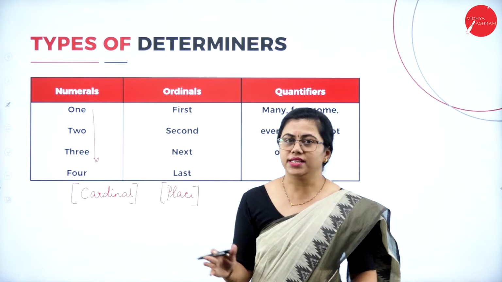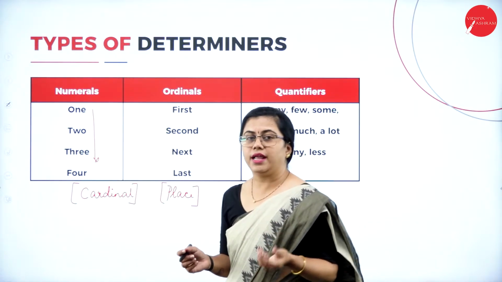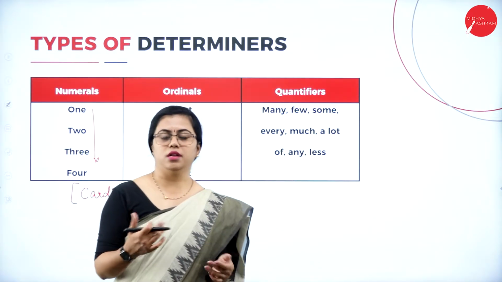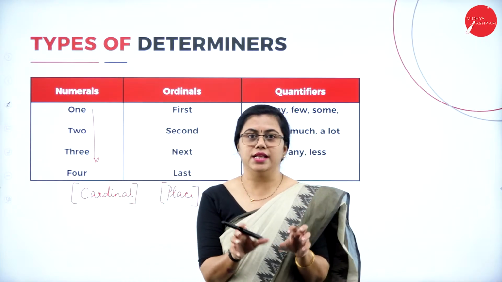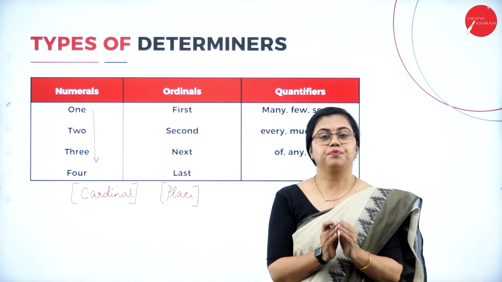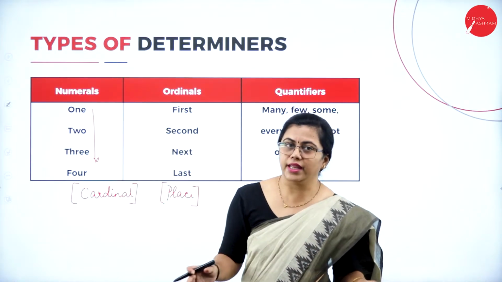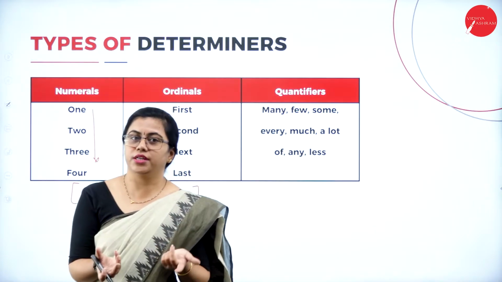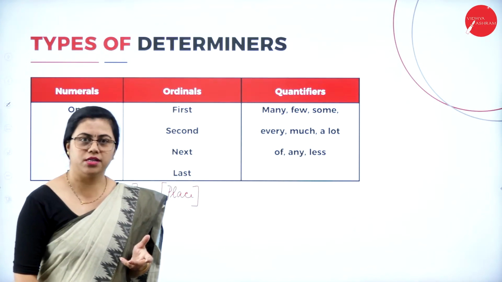Lastly, we have quantifiers. Quantifiers tell us about the quantity of the noun or noun phrase. When you're talking about this quantity, it does not give us the exact quantity. It tells us vaguely. It does not tell us how much it weighs or how much it is counted, but it gives us a vague, approximate quantity.